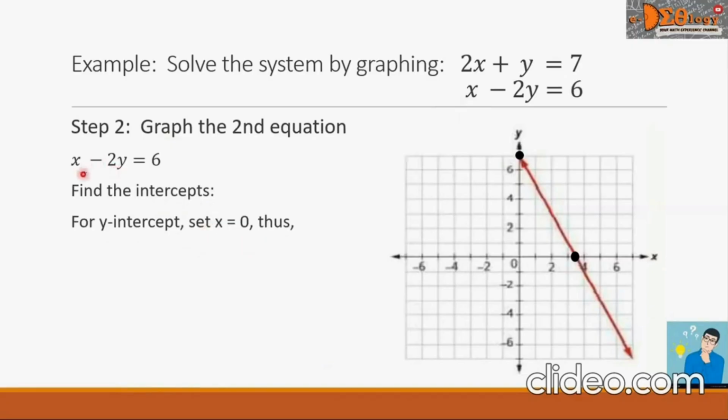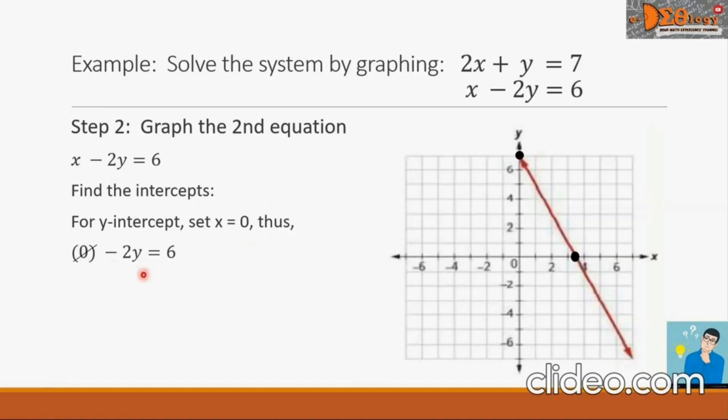Thus, this equation x minus 2y equals 6 now becomes 0 minus 2y equals 6. We can ignore the 0 here, so we have negative 2y equals 6. Let us find the value of y. Let us divide the whole equation by the coefficient of y, which is negative 2.